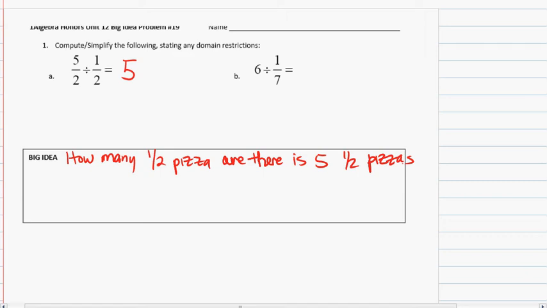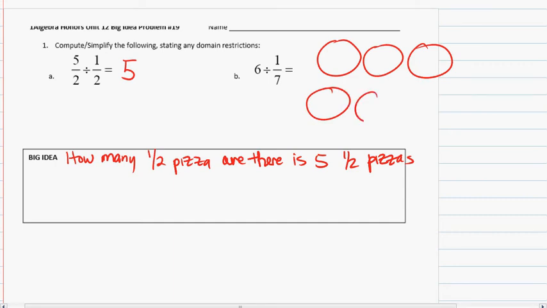But maybe this next problem makes a little bit more sense now, because pictorially you could think of 6 pizzas divided into 7 pieces. I don't know if I could say they're equal here or not.